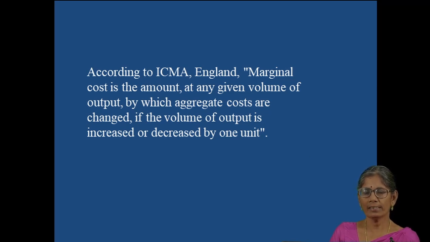That is, the additional cost required for producing one more unit is called the marginal cost. For increasing or decreasing one more unit, what will be the change in the total cost? That is, the variable cost, the extra amount for producing one unit, is known as the marginal cost of producing a product.